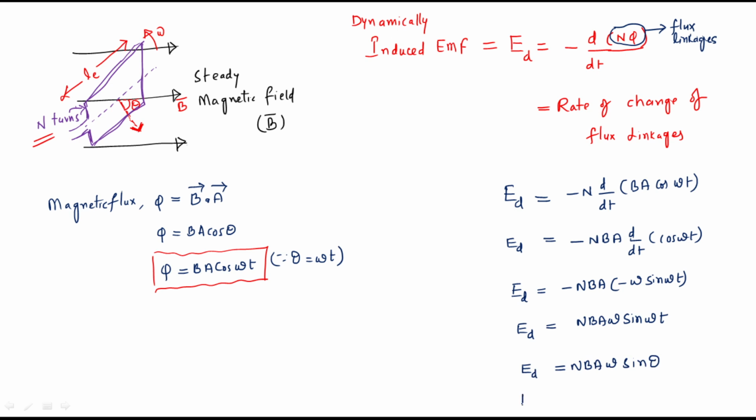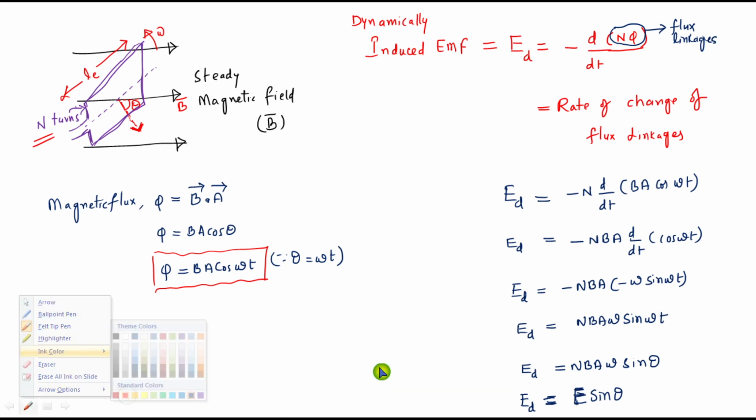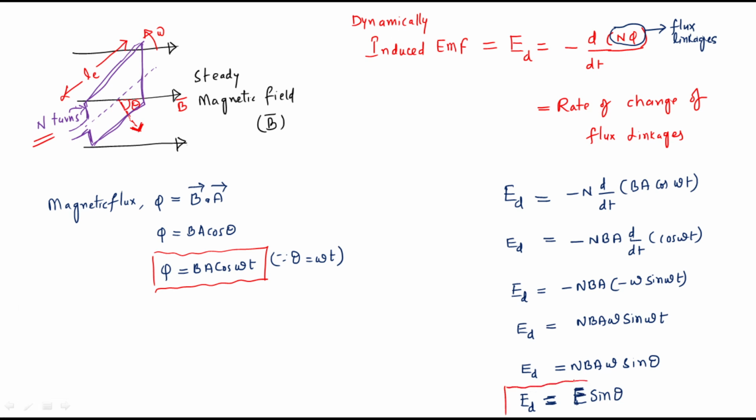Let us say ED equals E max sin theta, where E max equals NBA omega.